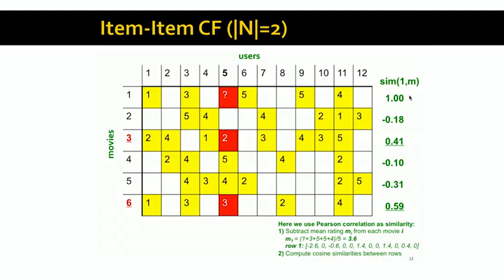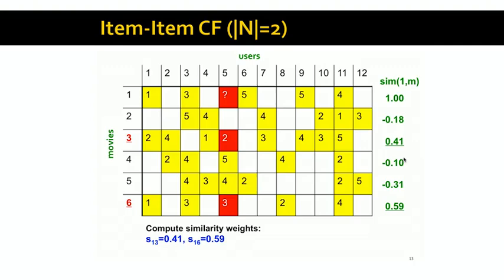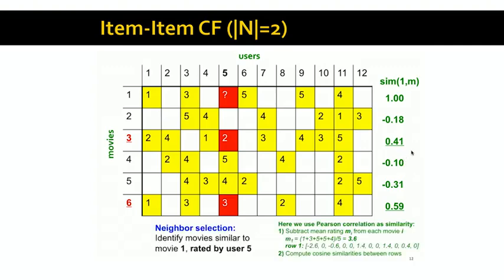And when we do that, movie 1 is, of course, the centered cosine is 1.0. Movie 2 is somewhat dissimilar to movie 1, and so on. And so this vector here lists the centered cosine distances of all the different movies with respect to movie 1.